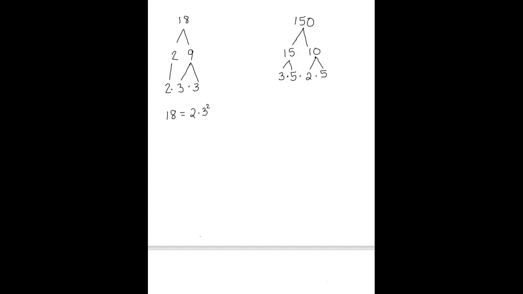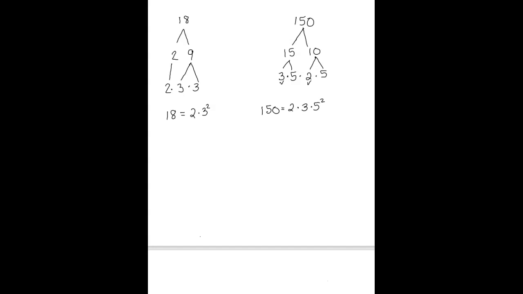So if I were to rewrite this in this cleaned up form, I'm going to start with the 2, right? And I'm going to have a 3. And then I'm going to have 5 squared because I have 2 5s that are multiplying each other. So I've got 5 squared.